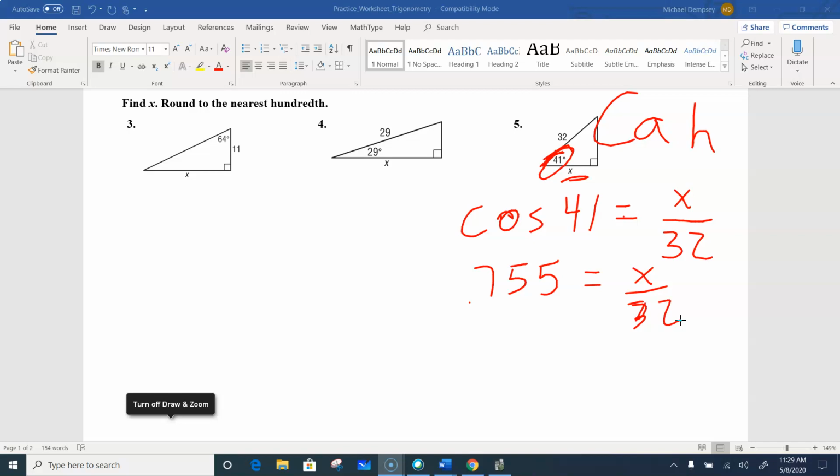So my solution for x, so 32 over here, they will divide out, and x is just going to be 32 times 0.755. And I get 24.15. Okay? So make sure you answer the questions below in our Go Formative.